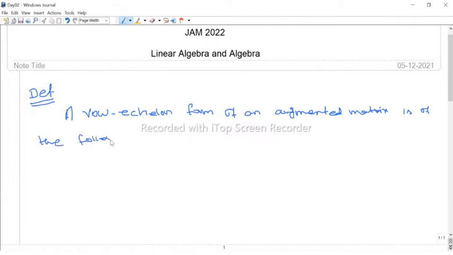So given any matrix, we have a row echelon form. What we have to do is some process on the given matrix, and you will get a row echelon form. In row echelon form, I will explain here, the following form.